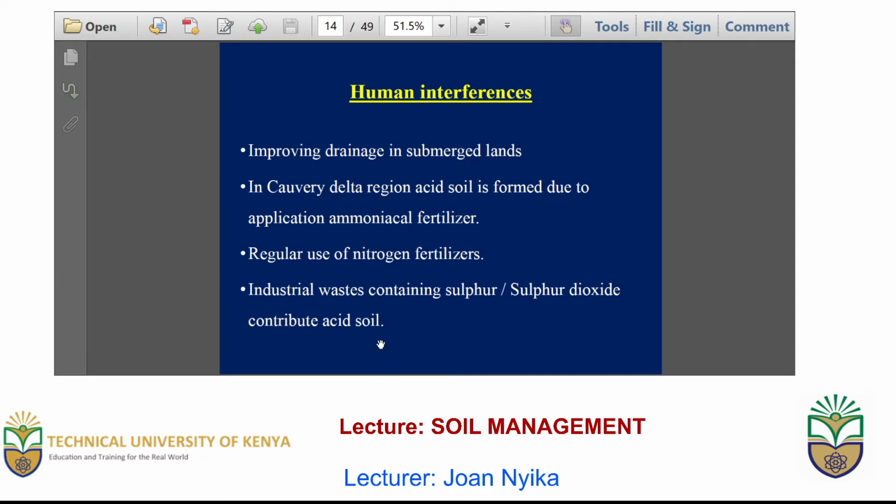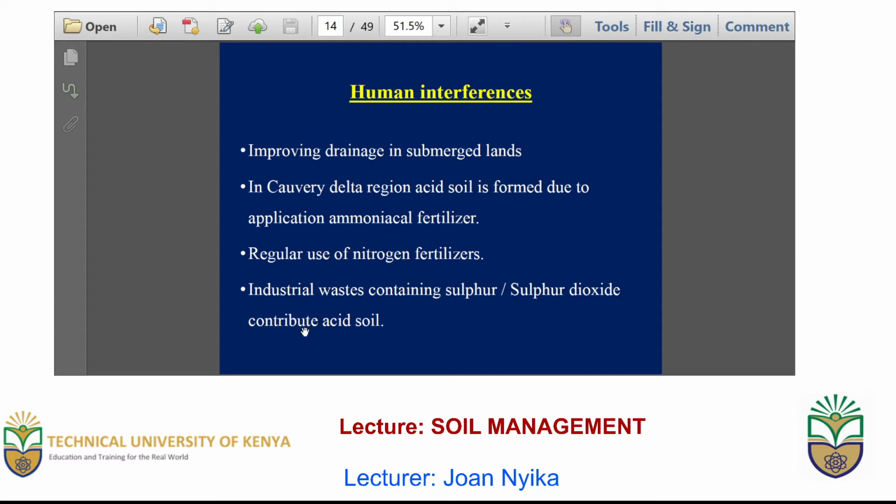Another human activity that results in acidic soils is the use of industrial waste, or what we refer to as unscientific disposal of solid waste. In this case, the solid waste is then reused. The dumping sites or the landfills that have already received industrial waste containing sulfur dioxide are used for farming.